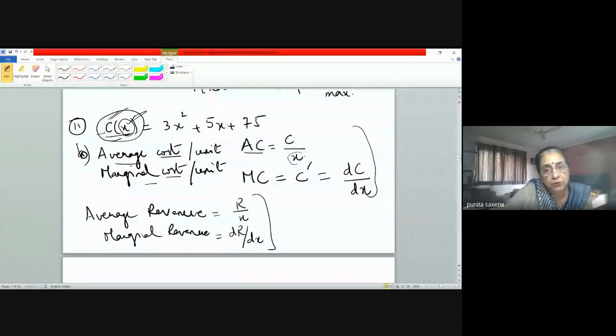That means you have to find x for which AC is equal to MC. It will come out. In the A part, you have to find x for which AC is minimum. It will happen now. Similarly, in question number 12 you have to do it for the revenue functions.